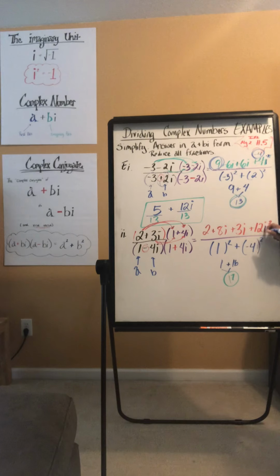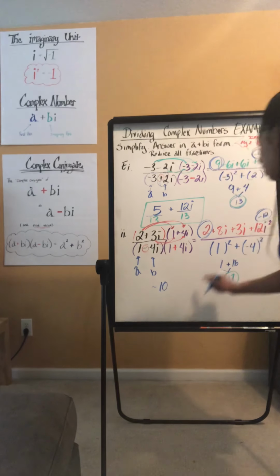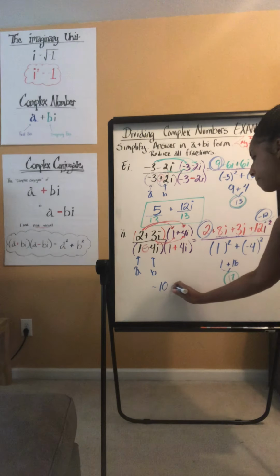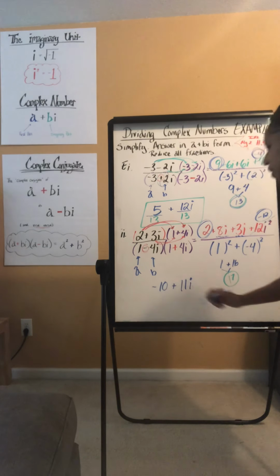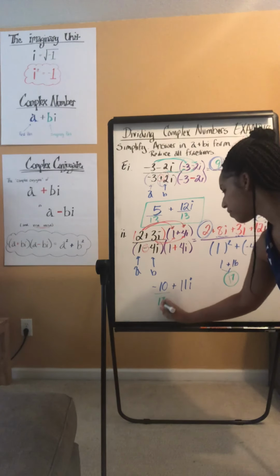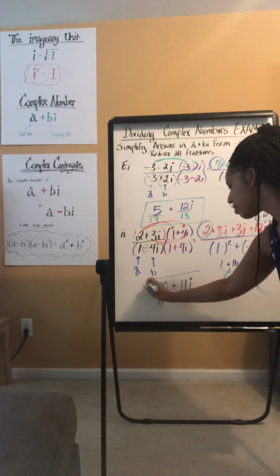My i squared is really a -1, so this is really 12 times -1, which means it's actually a -12. That -12 will combine with the 2. 2 take away 12 gives me -10. And then I'll combine my i's. 8i plus 3i is 11i. 11 i's. And they both get their own denominator, which is the number 17. And that is my answer.